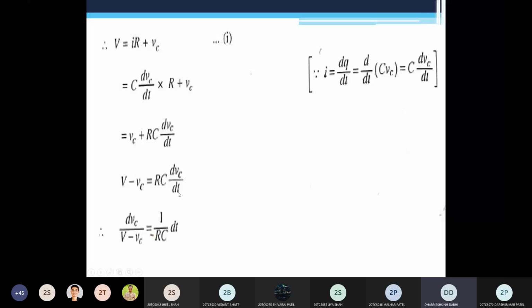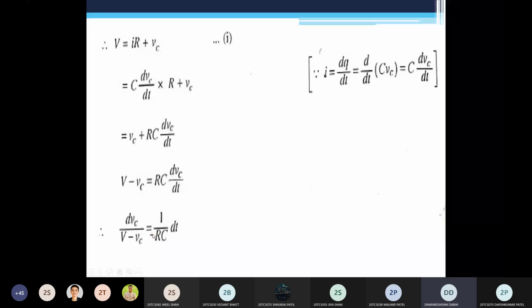So dvc divided by V minus vc, that comes here in the denominator. dt comes here in the numerator and RC comes to this side. So that becomes dt divided by RC. Okay. Here there is a printing mistake. It is not a minus RC. It is a plus RC. Okay. So dvc by V minus vc is equal to dt by RC.